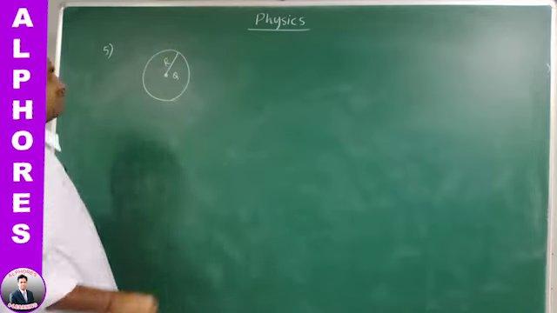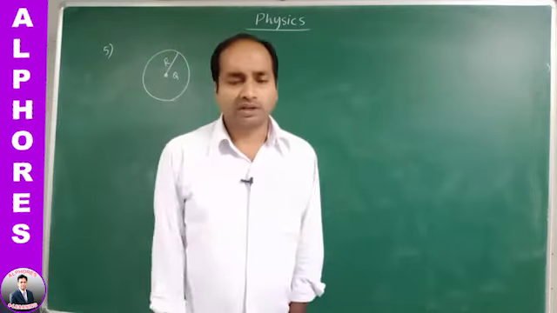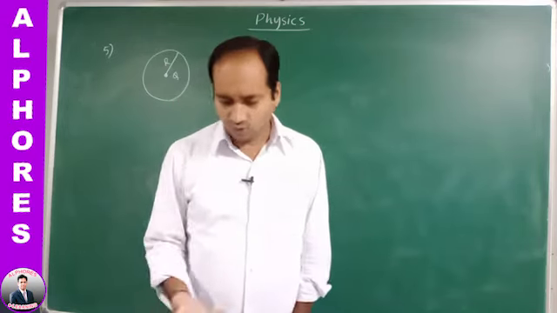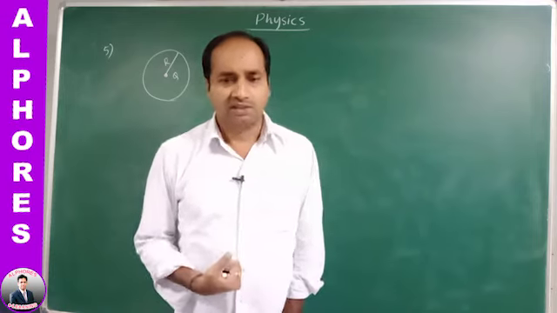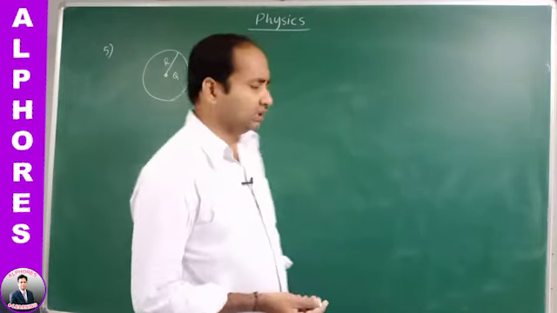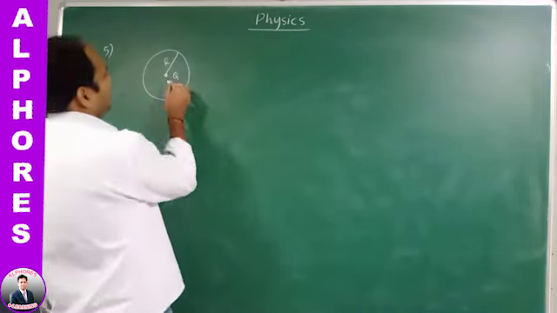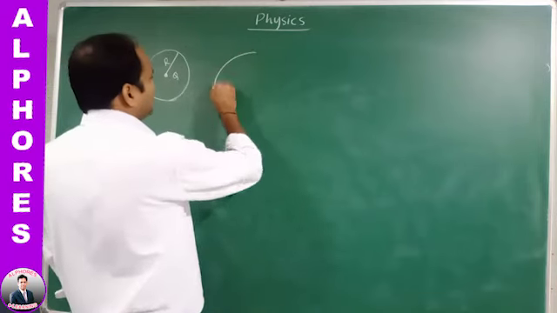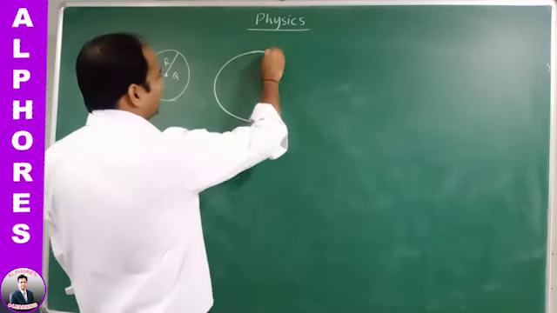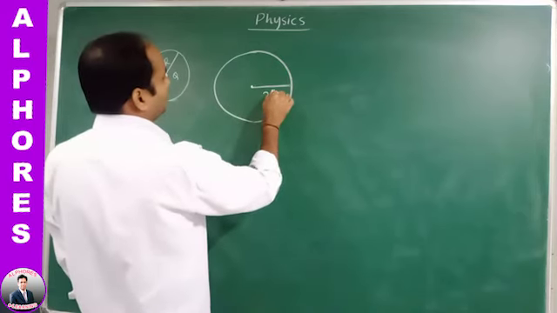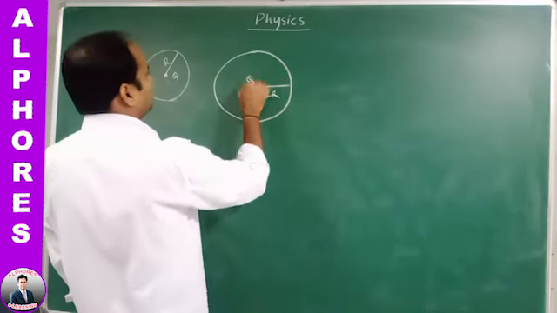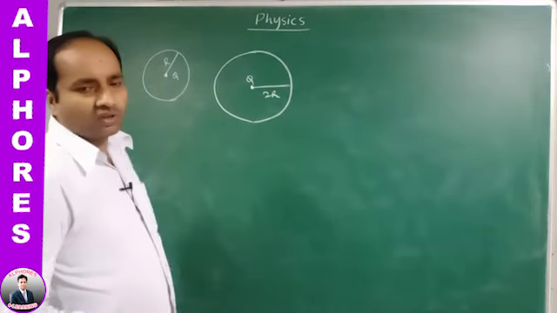Now suppose the radius is doubled: the same charge but enclosed by another surface of double the radius, 2R. Here the same charge is there. Okay.